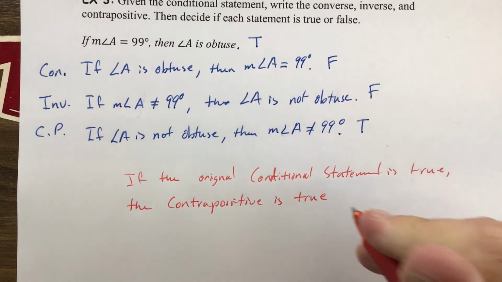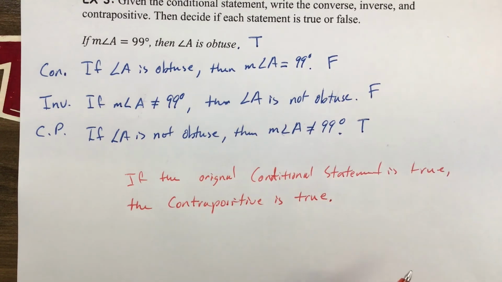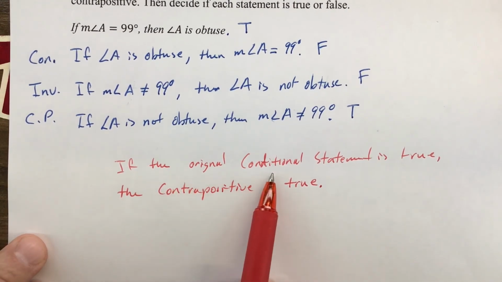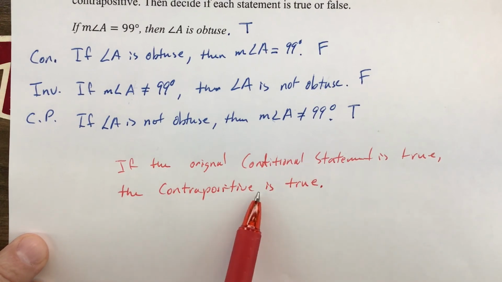That is a neat fact. It's a bit of a hard one to prove, but it is a fact, and I'm going to share that with you. If the original conditional statement is true, the contrapositive is true.